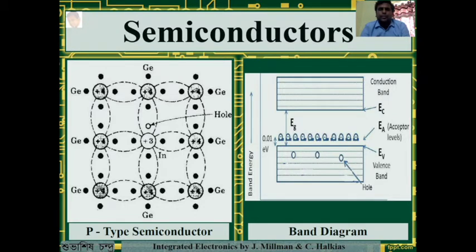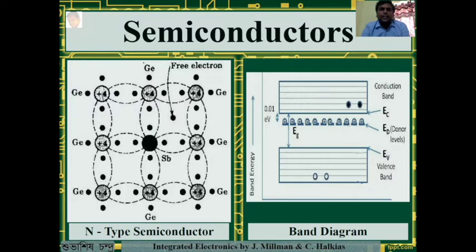So what it does is it creates a hole over there. So in the band diagram you can see that an additional level is created. It is called the acceptor level, through which electrons are accepted and holes are created. So p-type semiconductor is basically a positive type semiconductor.